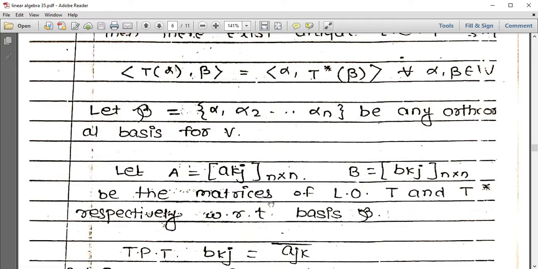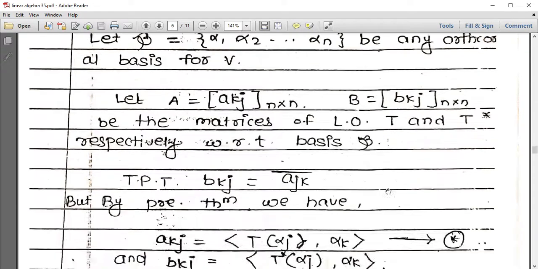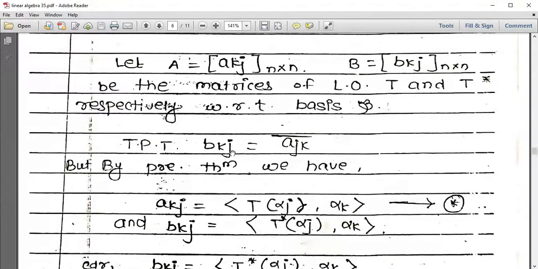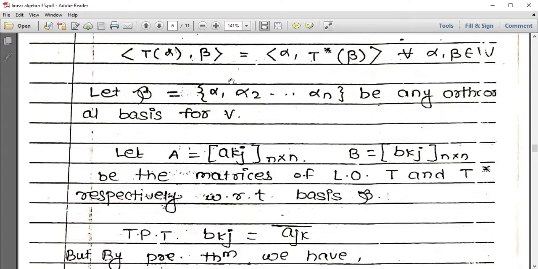The matrix of T is A, the matrix of T star is B, with respect to the ordered basis beta. Now we have to prove that BKJ is the conjugate of AJK.